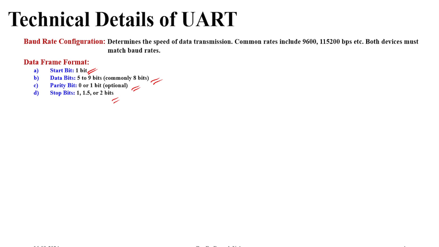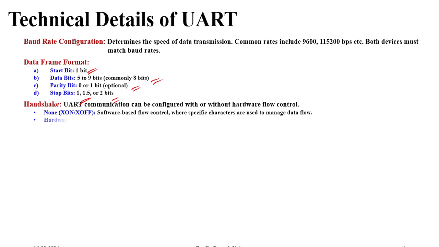and in some cases some devices allow 1.5-bit long stop bits also. For handshaking, or synchronization purposes, UART can be configured with or without hardware flow control.